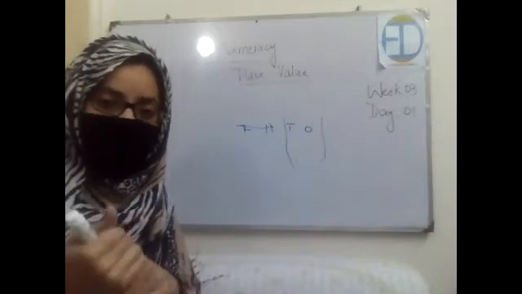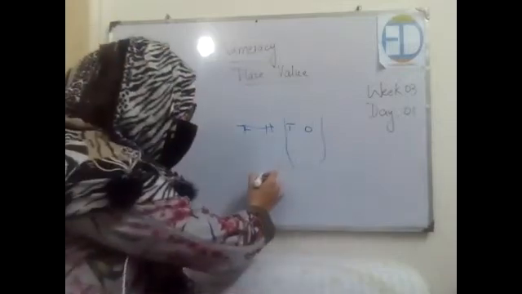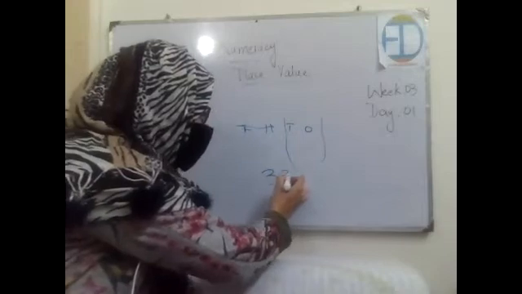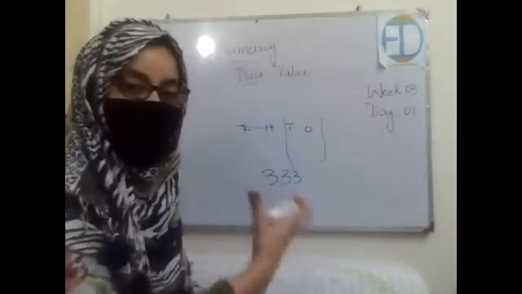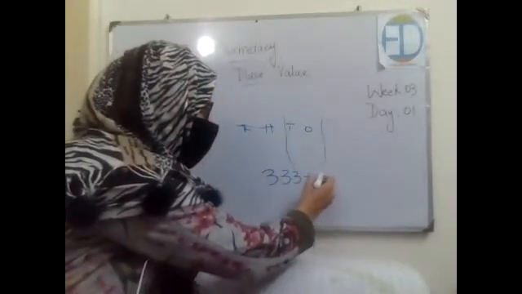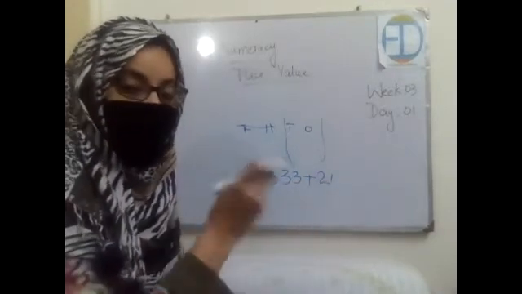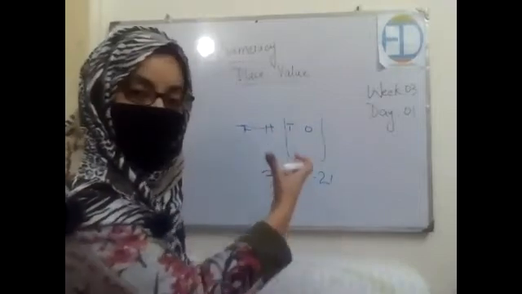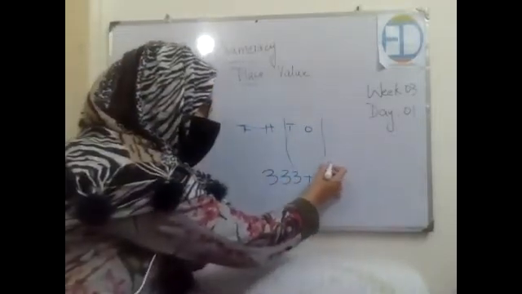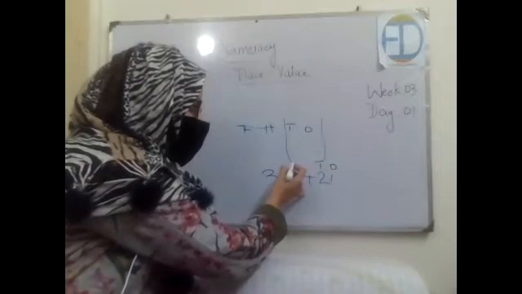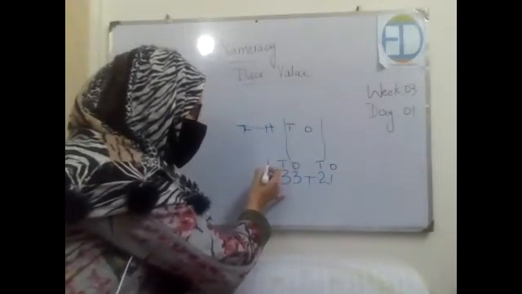Let's say I gave you two numbers. One is a three-digit number, which is 333, and I ask you to add it to a two-digit number, which is 21. According to the place values, it would come under ones, then tens, and similarly ones, tens, and then hundreds.